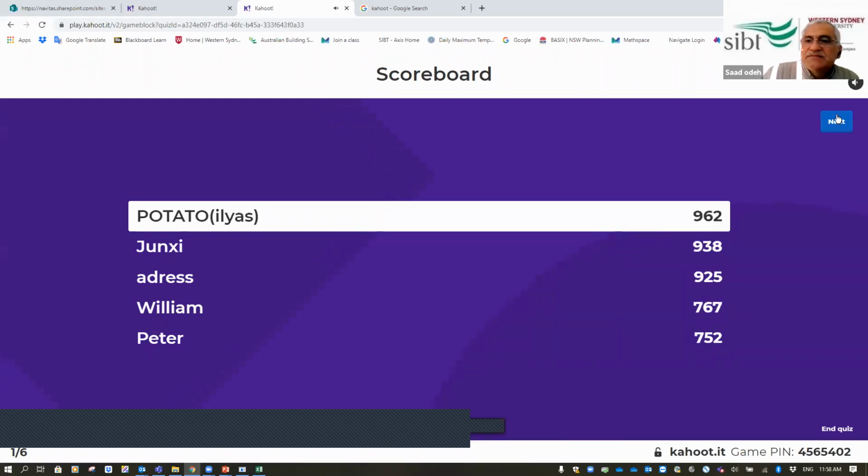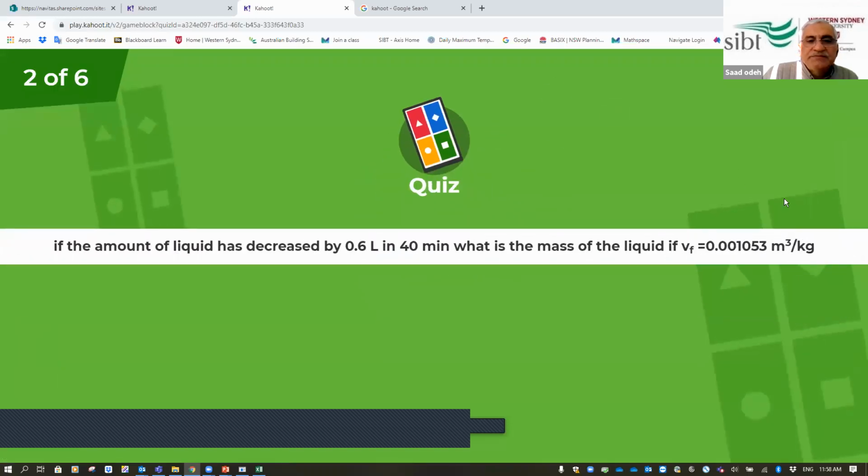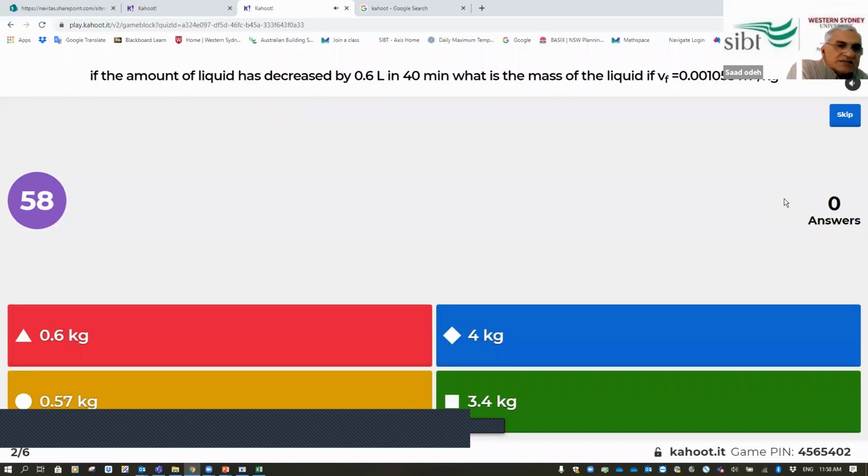So Elias, good. Question 2: if we have 0.5 liter of liquid in 40 minutes, what's the mass of the liquid if VF is given? So we know the VF, and you know the mass of the liquid.